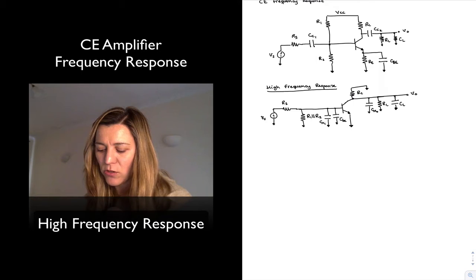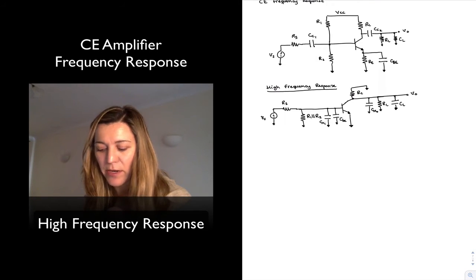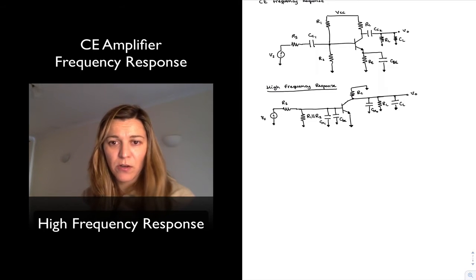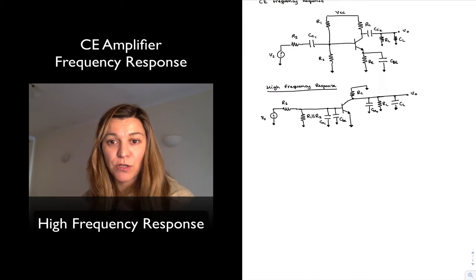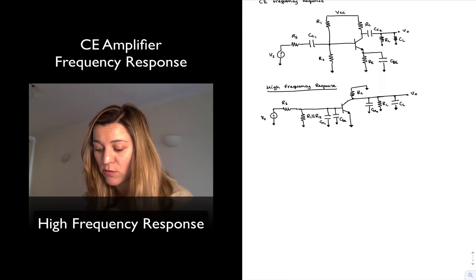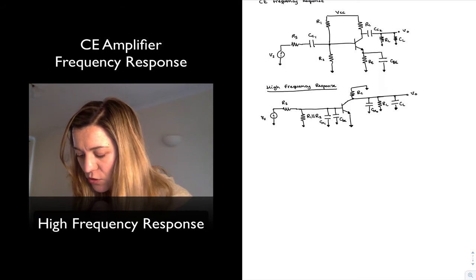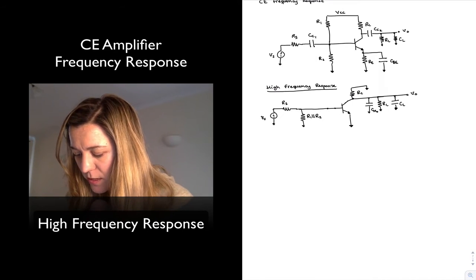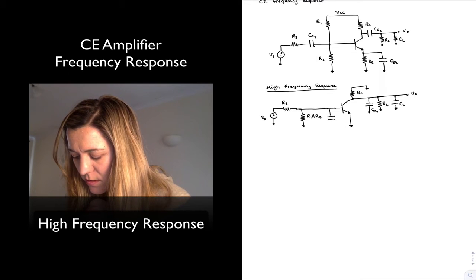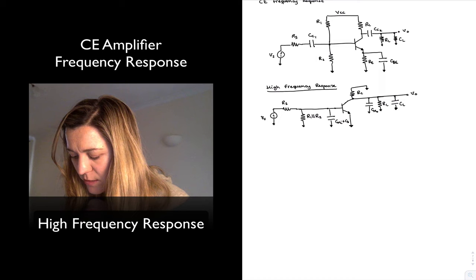But notice that they're connected in parallel with each other, so CMI is connected in parallel with CBE, so the parallel combination of the two is just going to be equal to an equivalent capacitance of value equal to CMI plus CBE. In other words, I can combine these two capacitors as just being one capacitor of value CMI plus CBE.